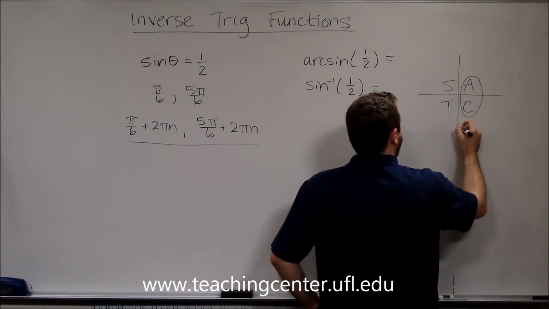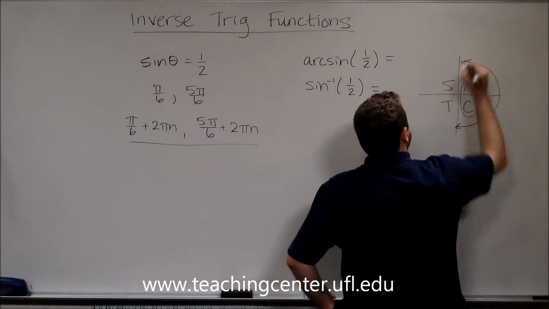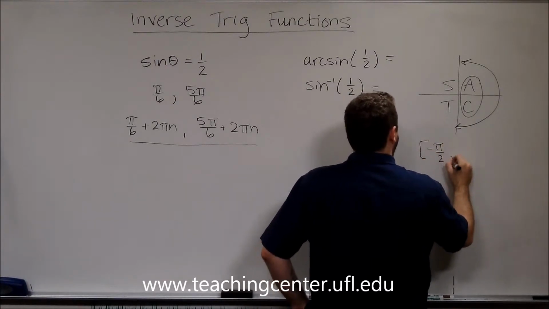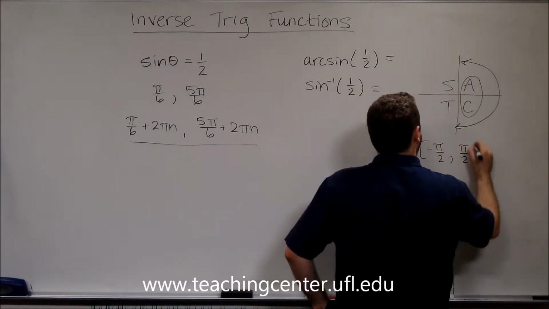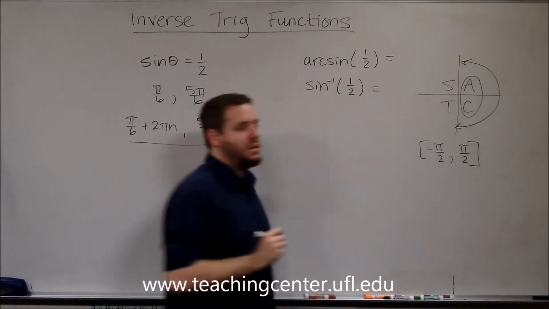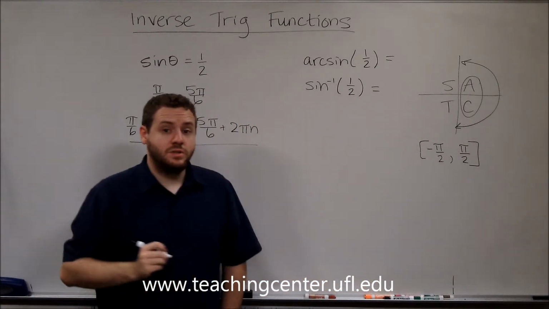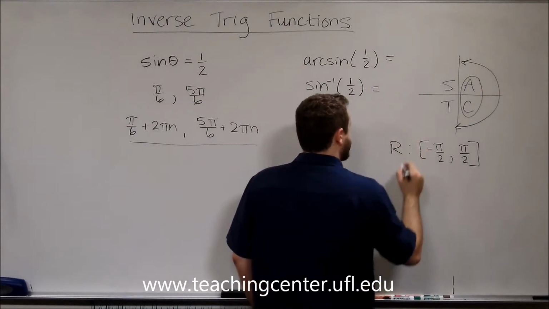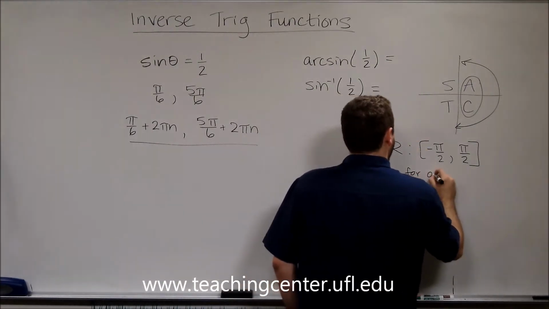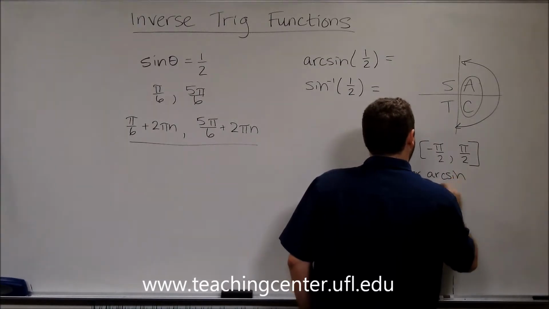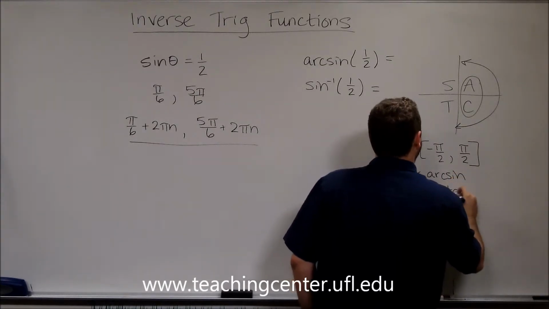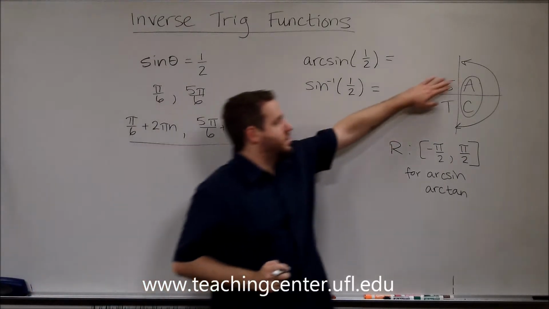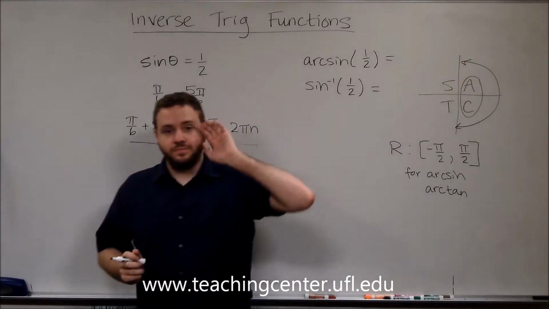So we have this range here, all the way from negative pi over 2 to pi over 2. And you'll notice that same range also works with tangent. So this is the range for arcsine and arctan. We have a place where these are positive and a place where they're negative.